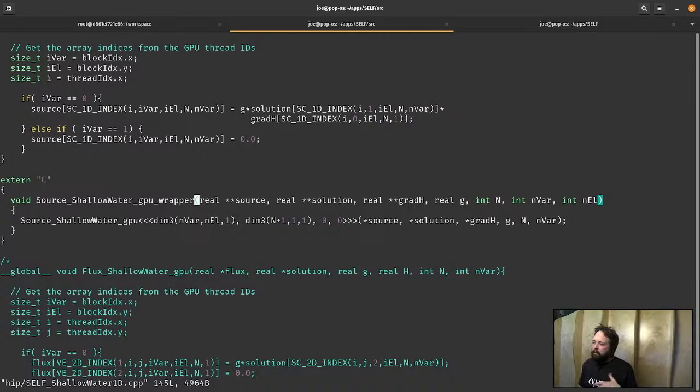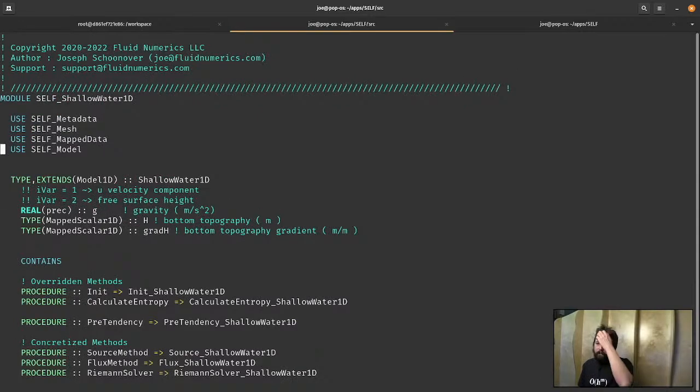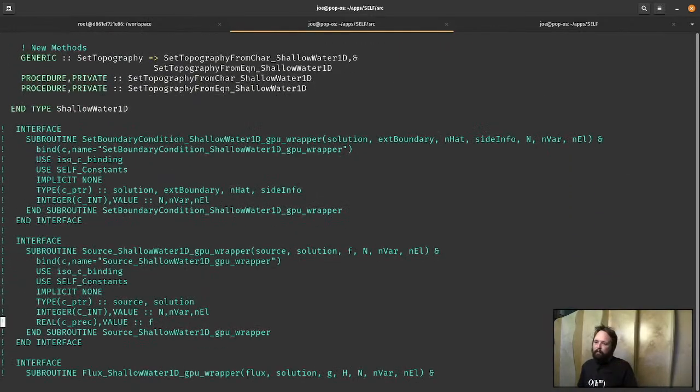So what we actually do is we use a Fortran interface with ISO C binding to make this explicit, that we're going to have a subroutine called source shallow water 1D GPU wrapper that's going to basically point us back to that particular function. And that's what we were looking at up top before in these interface blocks.